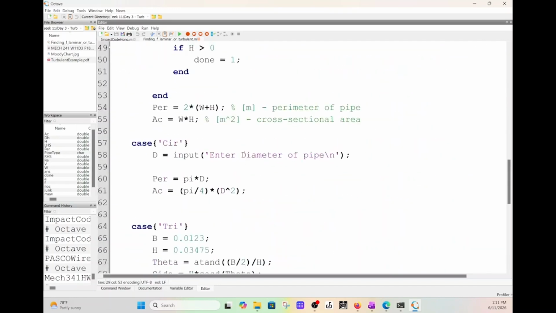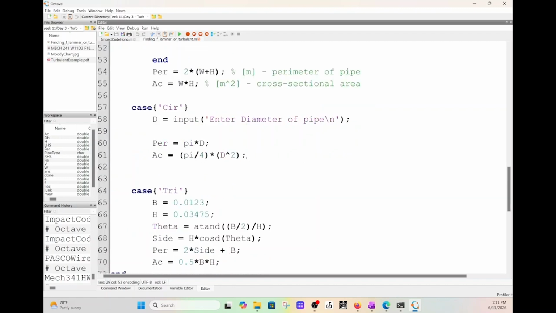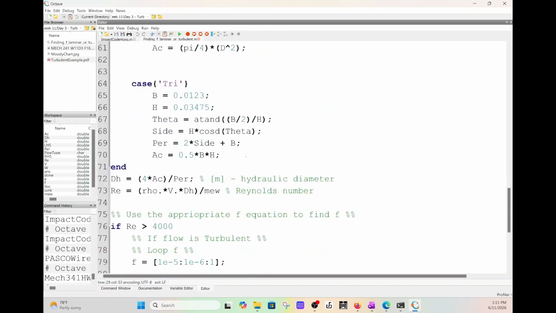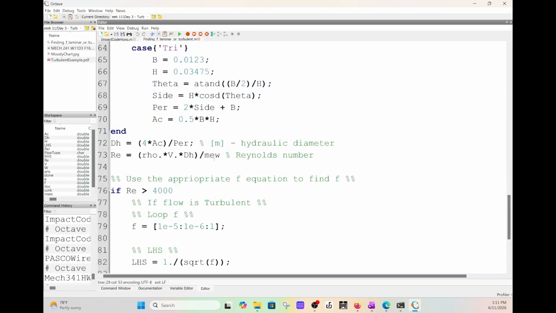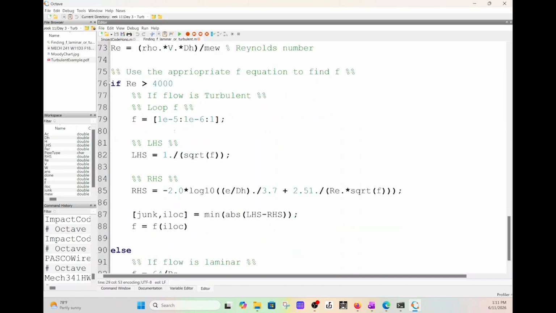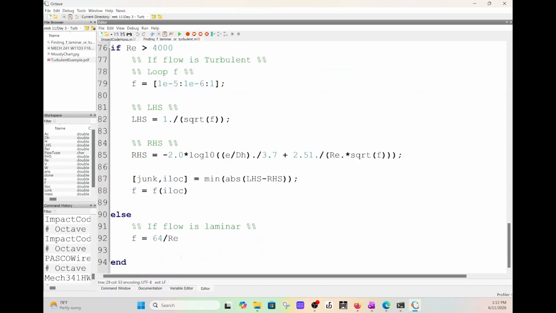If it's circular, it'll ask you what the diameter is. Same with a triangle. Actually, you can do a triangle pipe. Then it does calculations: hydraulic diameter, Reynolds number. If it's greater than this, it's turbulent flow. We're going to use the Colebrook equation, and then I do some manipulation to figure out how to find F. If it's laminar flow, I just use that.